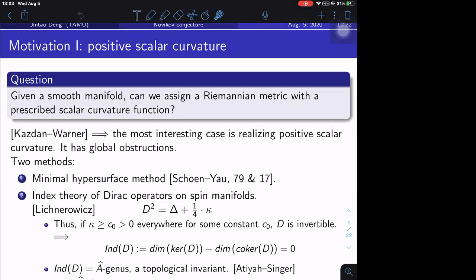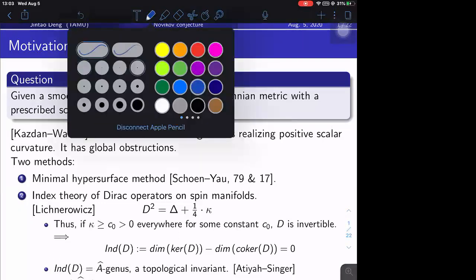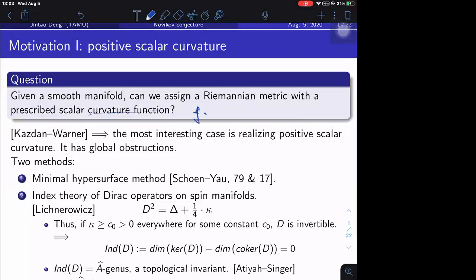So there is a result by Kazdan and Warner. The scalar curvature is a smooth function.